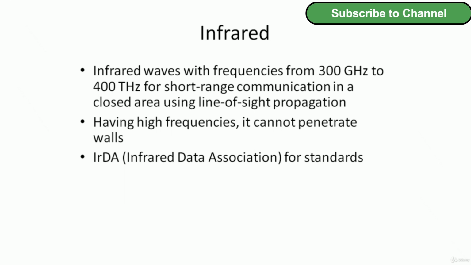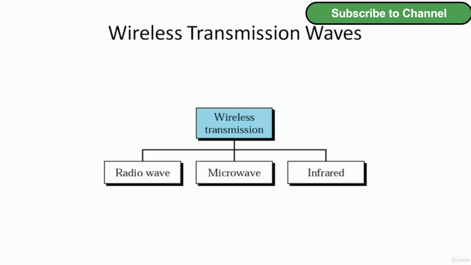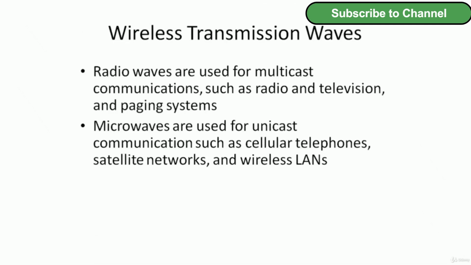Then we have seen the wireless transmission. It is of three types: radio wave transmission, microwave transmission, and IR, that is infrared transmission. So we have studied the transmission media, wired and wireless, in this lecture.